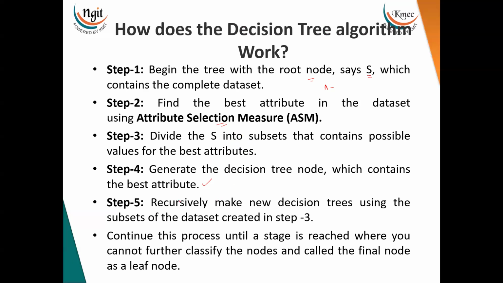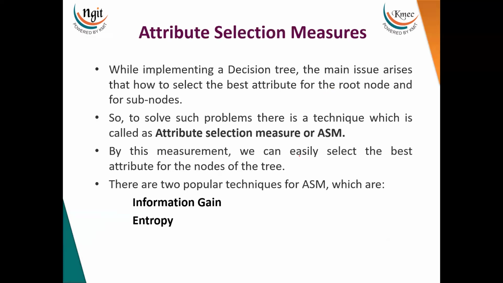And we are going to recursively make new decision trees using these subsets of the data set created in step 3. This process will continue until a stage is reached where we cannot further classify the nodes. These are the 5 steps we require.